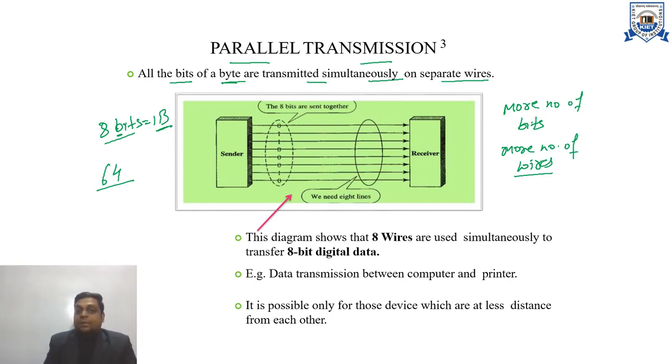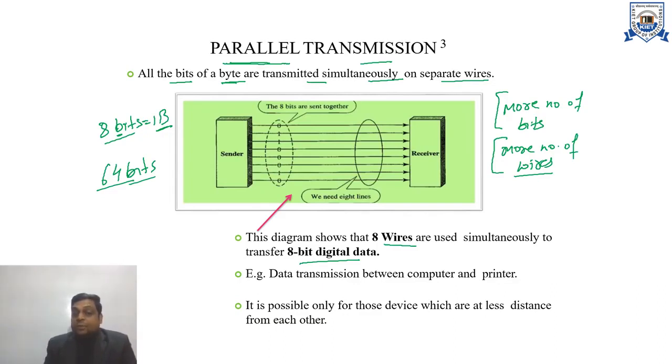This is parallel transmission. Parallel transmission means the more bits, the more wires required. This diagram shows that 8 wires are used simultaneously to transfer 8-bit digital data. If there is data of 64 bits, then 64 wires will be used. Now, what happens with this?